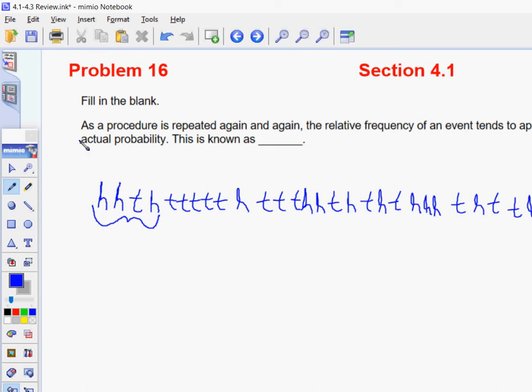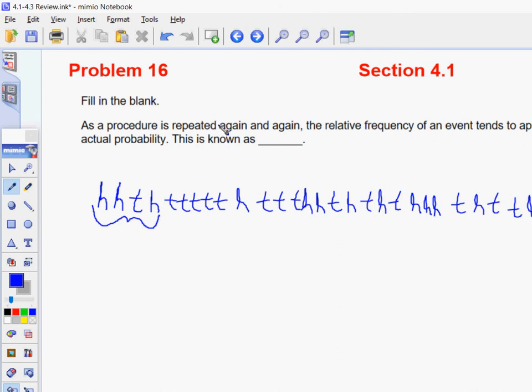That is not a fair coin. There's something wrong with that coin. Because the more and more I repeat that procedure, I expect it to get closer and closer to the actual probability. As a procedure is repeated again and again, the relative frequency of an event tends to approach the actual probability.